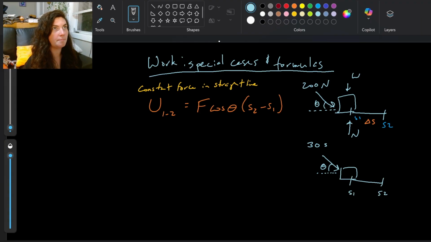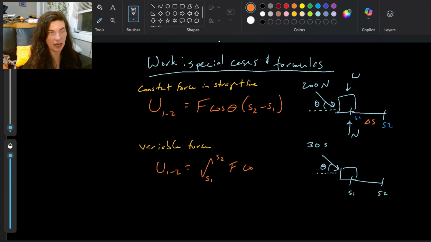So if we have a variable force, we're going to want to use integration. The work from 1 to 2, the work that takes a force to move it from 1 to 2, is going to be the integral from S1 to S2 of that force, whatever that force function is. In this case, it's 30S, 30S times cosine theta ds.